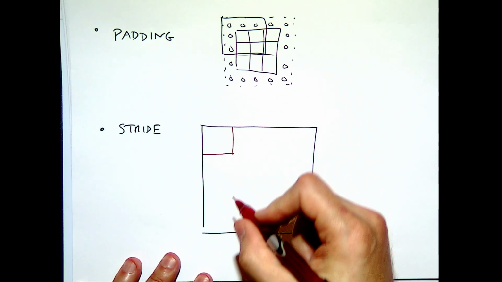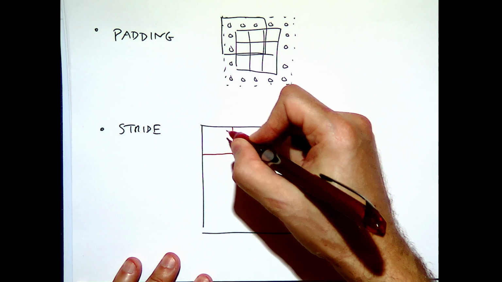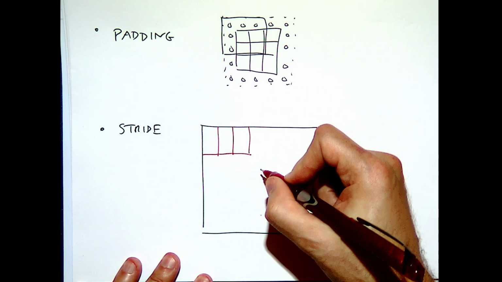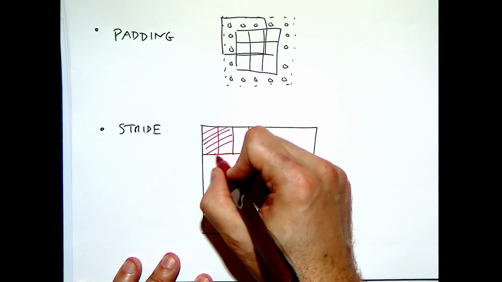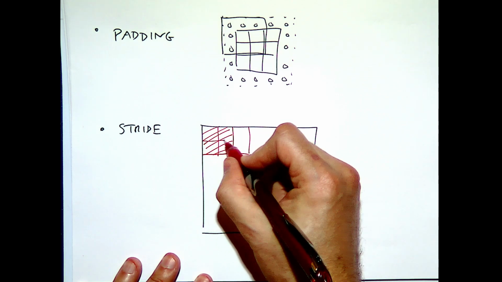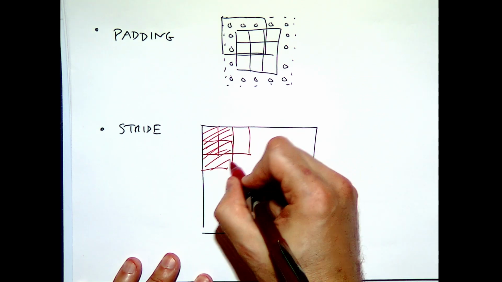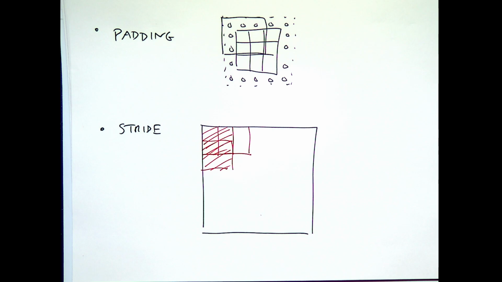Maybe instead of having the things overlap, I only want it to overlap by half the filter size, right? So this is filter number 1, then this box is filter number 2, and this is another one like this. By having a stride that is more than 1 pixel, I am going to reduce the size of my output, right? A common thing is to have a stride that reduces the spatial resolution while at the same time increasing the number of channels that I'm learning, right?